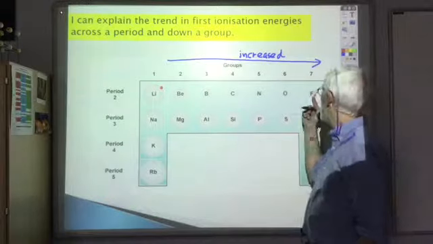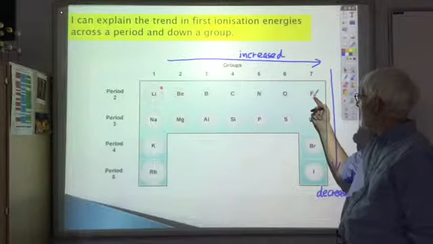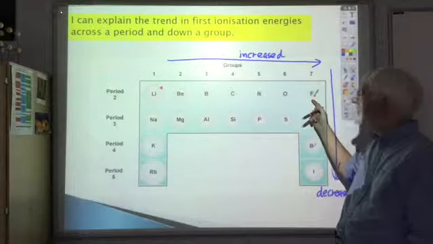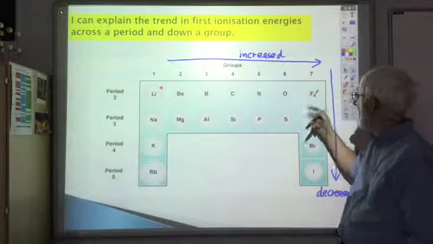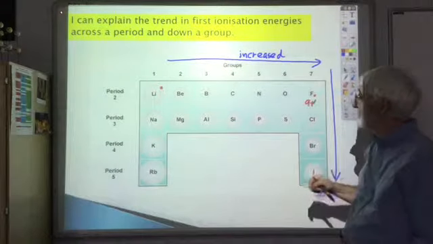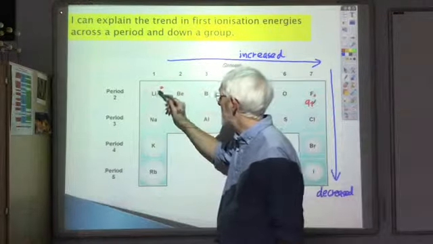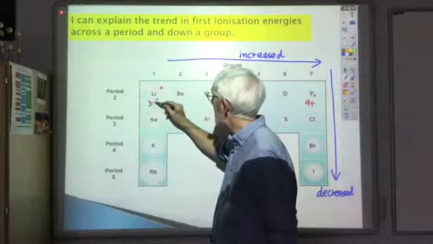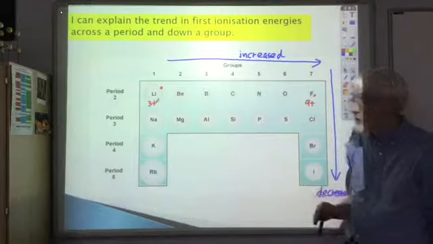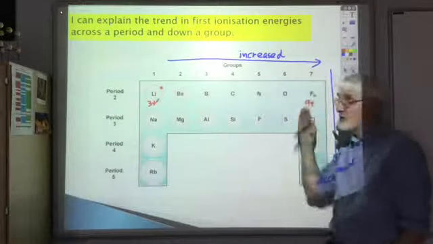Now, the fluorine electron is the same reason as before, because of the higher nuclear attraction that fluorine has for that electron, because it's 9 plus, it's harder to remove that electron than this electron, which is only being held by a nuclear charge of 3 plus. So again, the reason is due to the increasing nuclear charge as you go across a period.